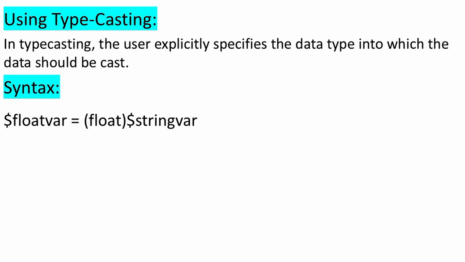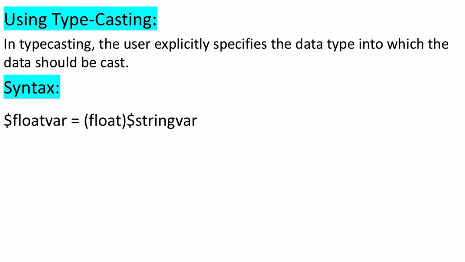For example, if you have a string like "123.45", casting it to float will convert it to the numeric value 123.45, allowing you to perform arithmetic operations directly. Similarly, if the string does not contain a valid numeric value, the cast will result in 0, which can help prevent errors in mathematical calculations.